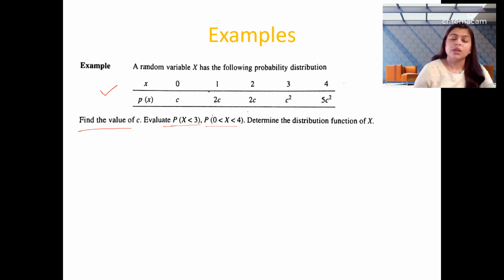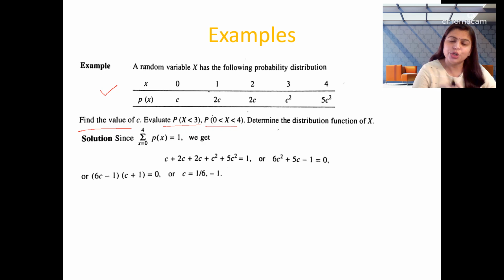Here, first of all, as we have learned, the CDF at the last point in an experiment is equivalent to 1. So to get the value of C, we can use this property. So what will we do? We know that when we add all these probabilities from 0 to 4, that would be equivalent to 1.